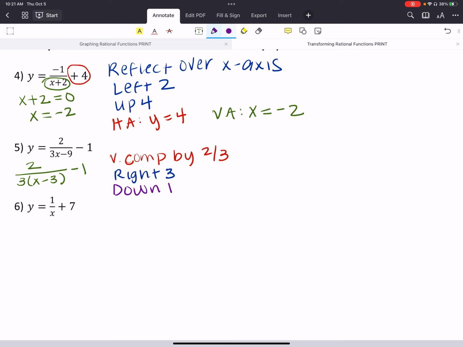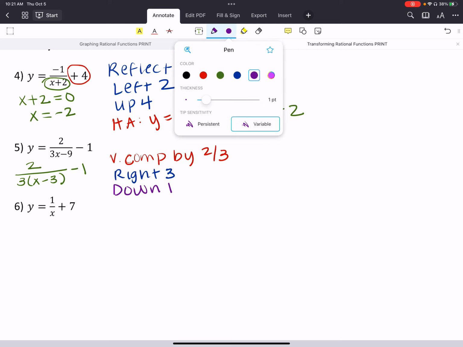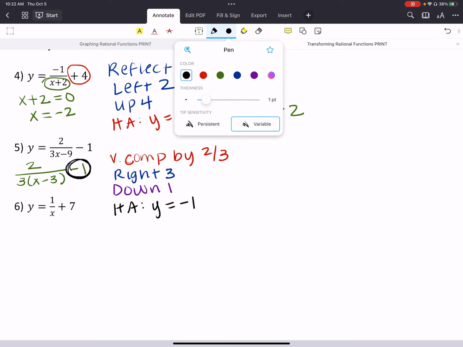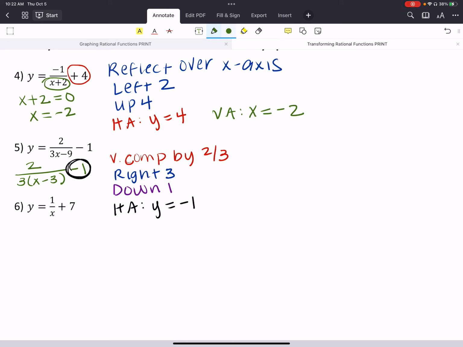Then we're going to talk about our asymptotes. So this minus 1 is going to be our horizontal asymptote of y equals negative 1. And our vertical asymptote comes from our denominator. So we can do it one of 2 ways.